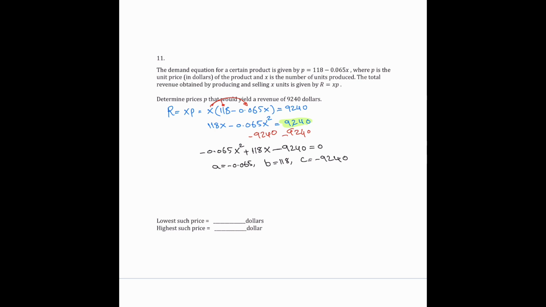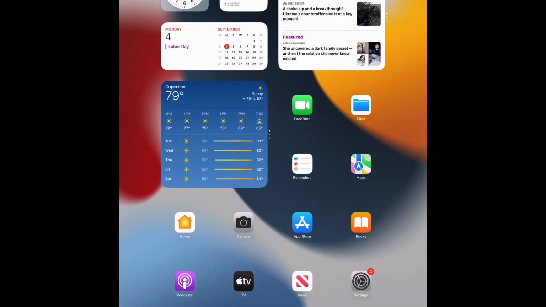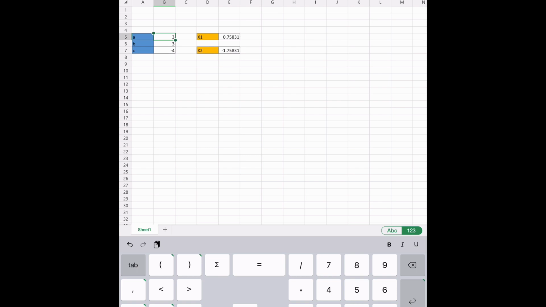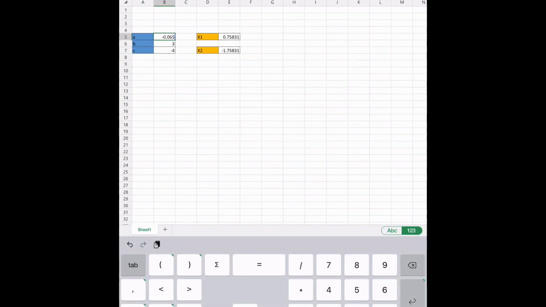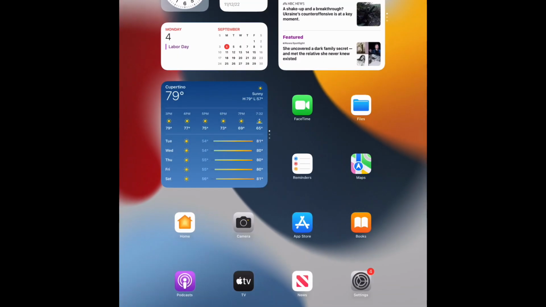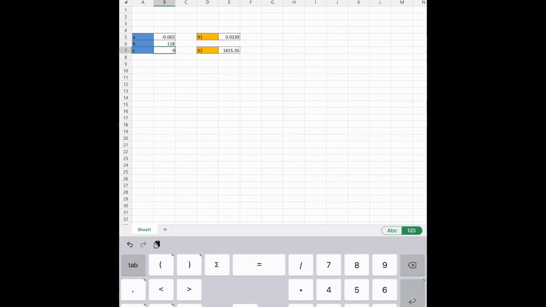Now I'm going to plug everything into the quadratic formula that I put into an Excel sheet. A is negative 0.065, I believe. Let me just make sure. Yep. And B is 118 and C is negative 9,240.